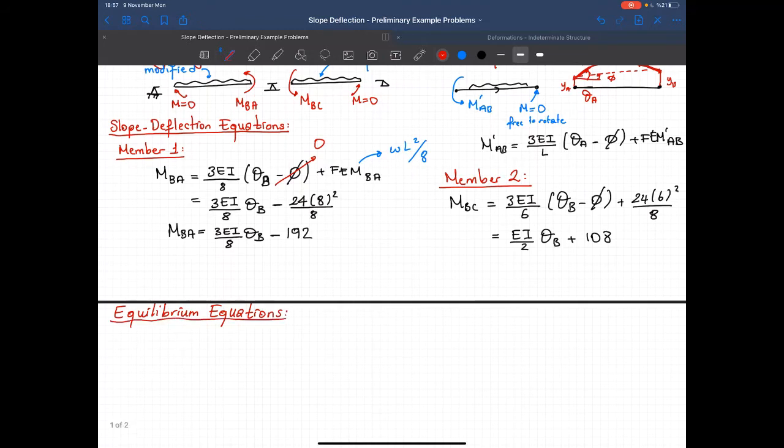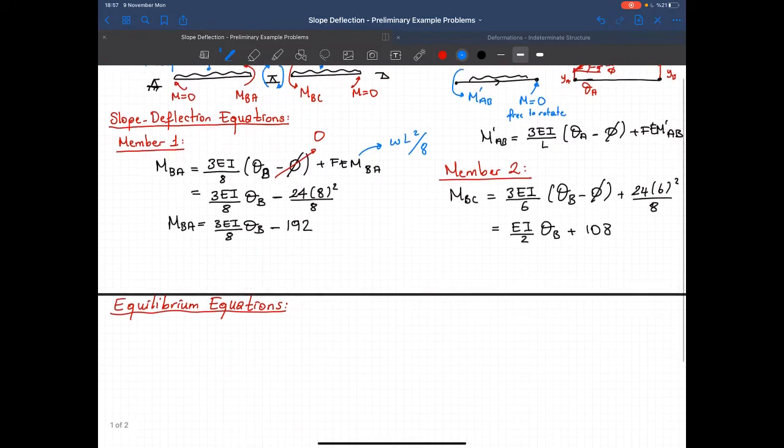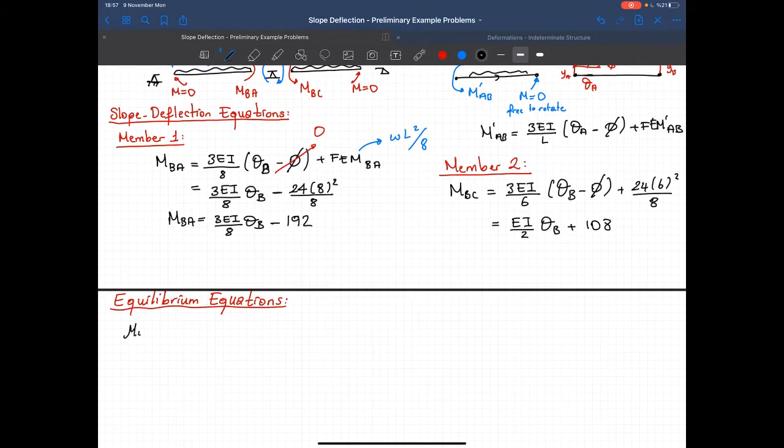So in order to write the equilibrium equation, I am transferring these moments to node B. So I'm writing down the moment equilibrium equation at B, which is sum of moments at B must be equal to 0, and this tells me that MBA plus MBC must be equal to 0.